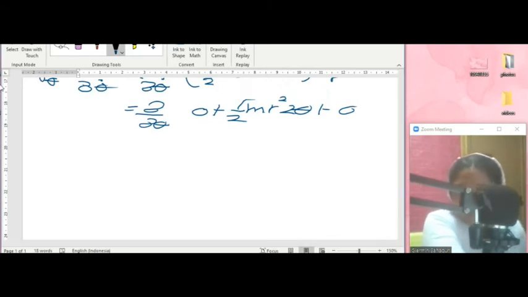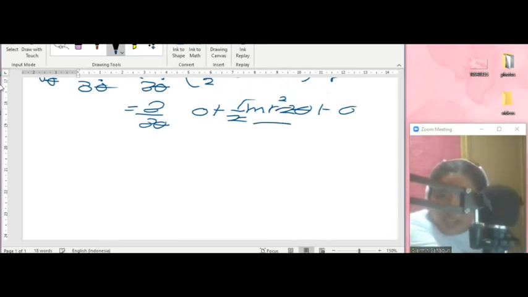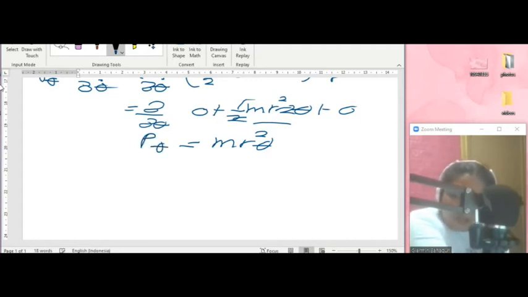That will cancel, so m r squared theta dot is equal to P subscript theta. So we want this to stay, and that's the answer here.